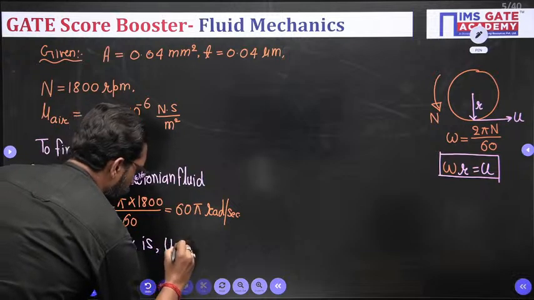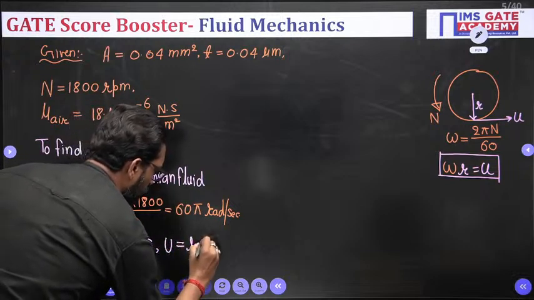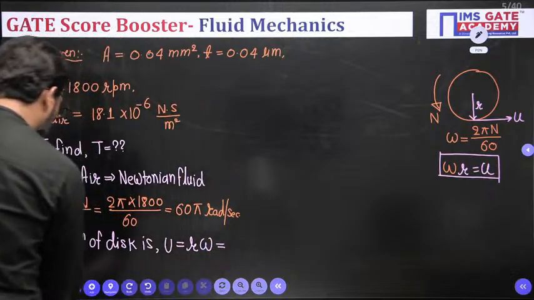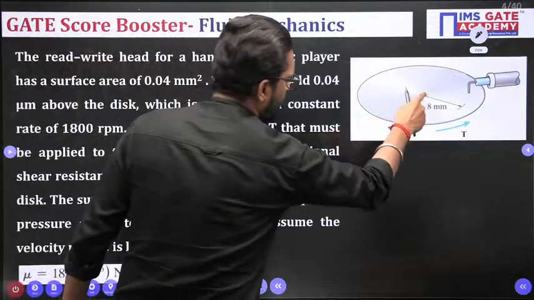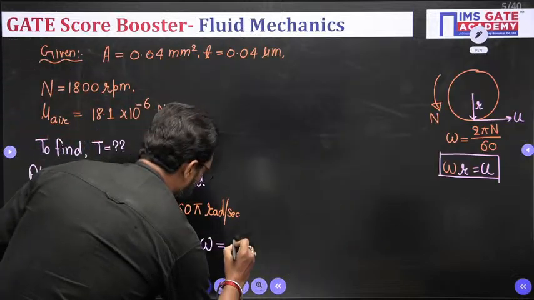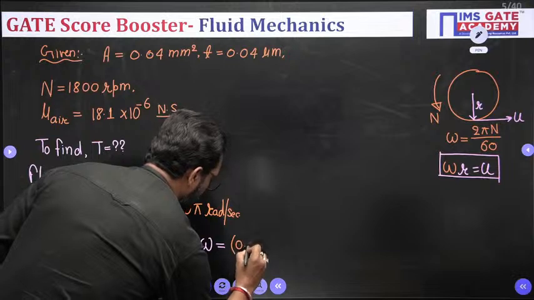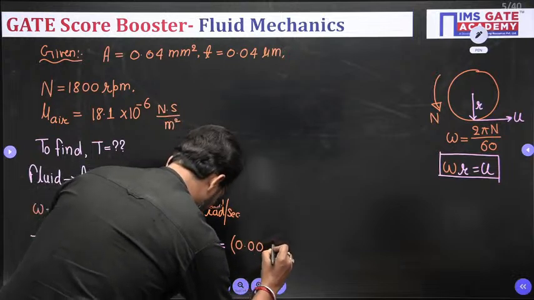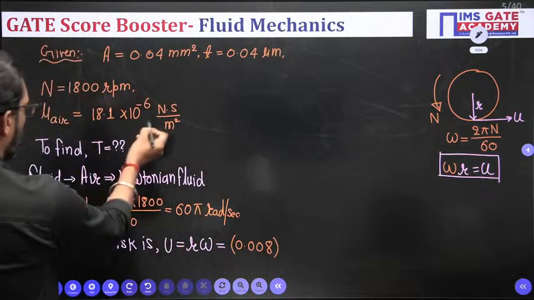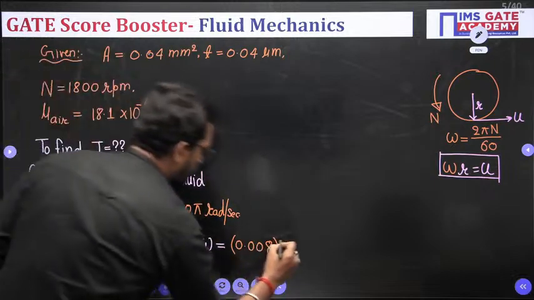Let's suppose the velocity of the disk is u, and u is equal to r into omega. The radius of the disk is 8 mm. Converting mm into meter, 0.008 into omega, which is 60 pi.